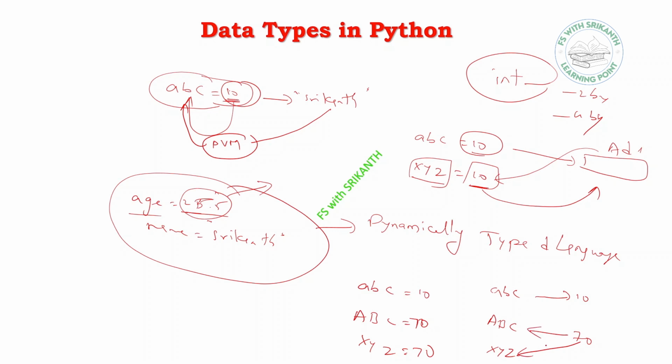This way it allocates. So how to know the type and address of a particular variable? With the help of the type function we can get the type of the variable, and with the id function we can get the address of the variable.